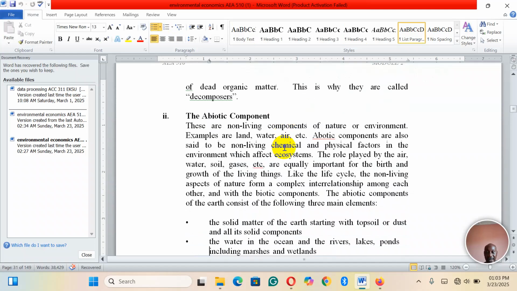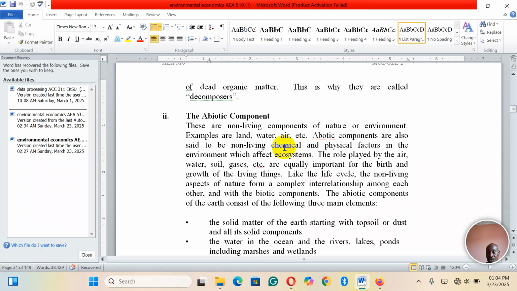Then we're looking at the abiotic components. These are non-living components of the natural environment. Examples are land, water, air, etc. Abiotic components are non-living chemical and physical factors in the environment which affect the ecosystem.